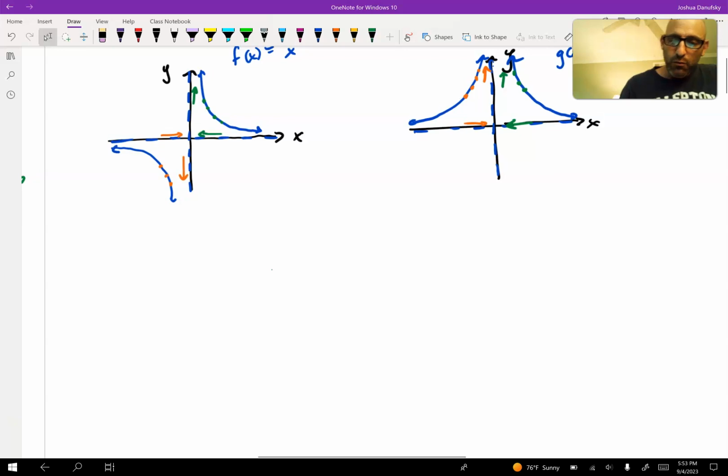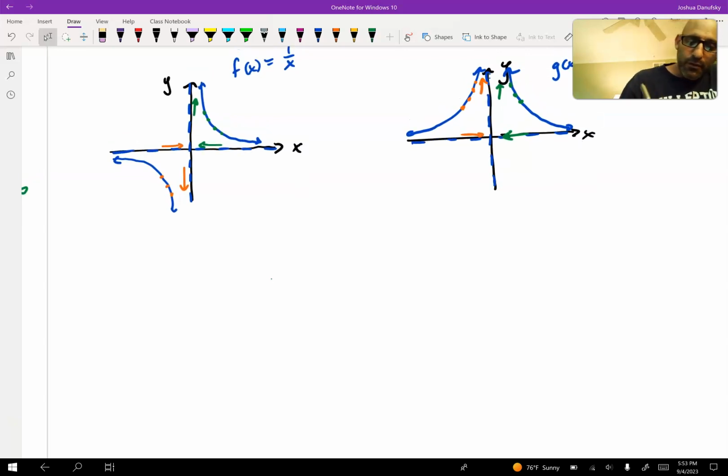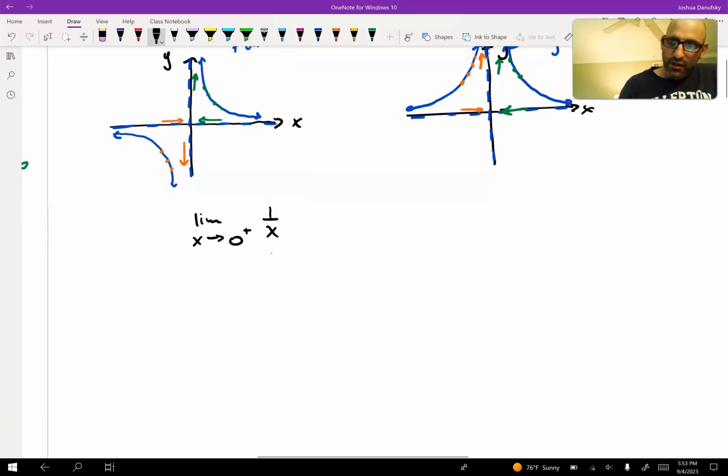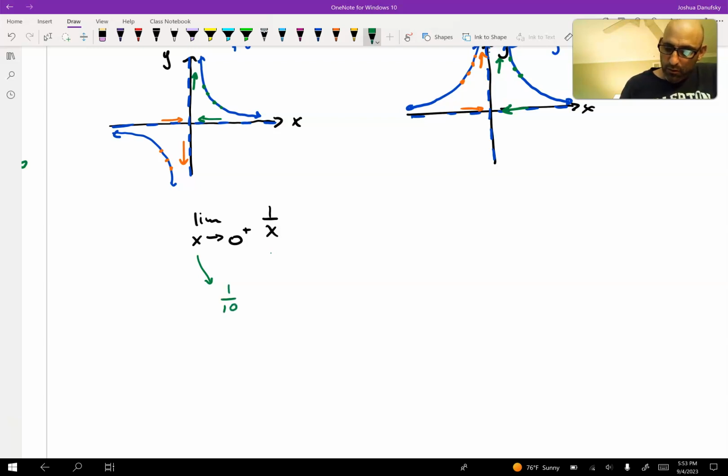So if we look at the first one, which is the simplest, imagine taking the limit as x approaches 0 from above of 1 over x. Let's think about what the x's are doing. I'll do this in green since that's what we have in our picture. These x's are numbers that are close to 0, but bigger than 0, like this.